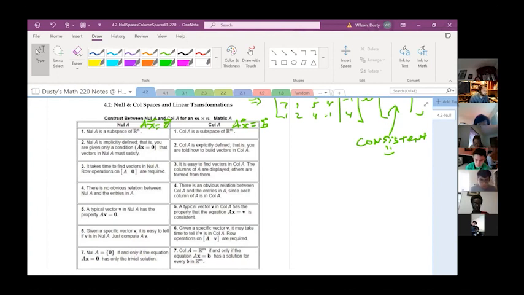Sammy, go for it on number 1. I read the null A column and then the column A column. Yep. So number 1, null A is a subspace of Rn. And number 1, column A is a subspace of Rm. Cool. Somebody else want to take 2?